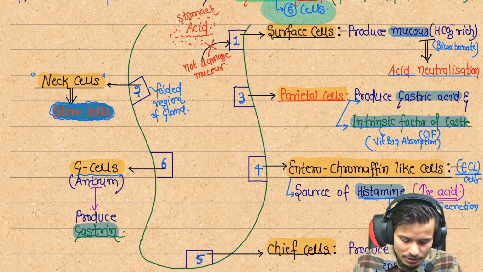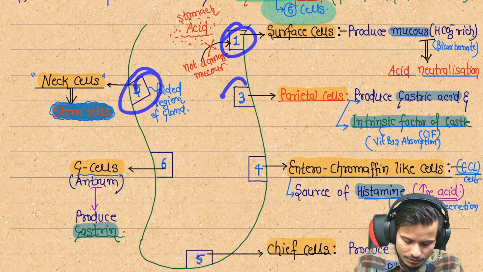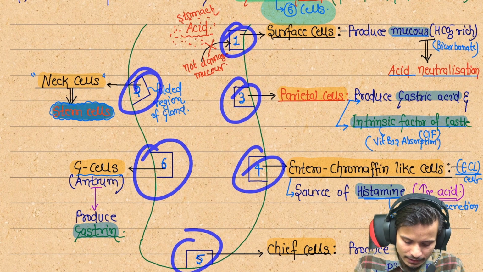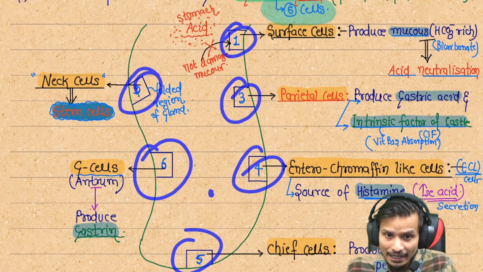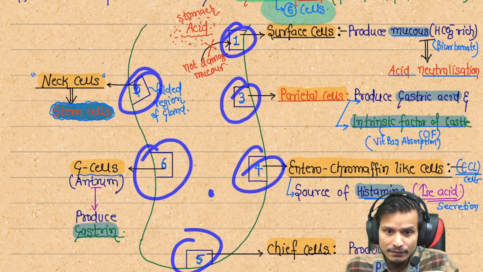These are all present in one gastric gland, situated in the mucosal epithelium of the stomach.